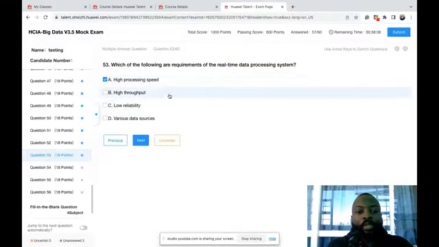High processing speed, yes. High throughput, and then various data sources, yes.